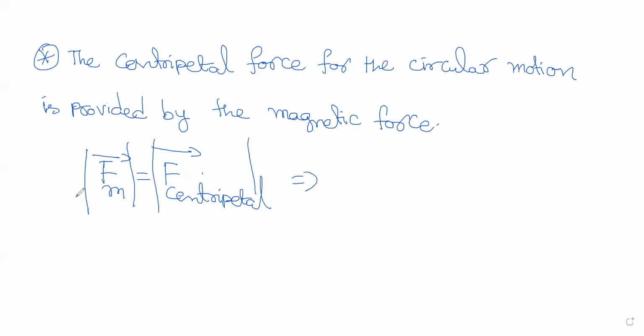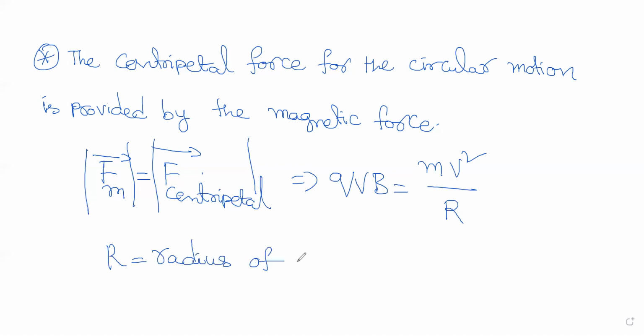So what is the magnetic force? QVB, since all are perpendicular to each other, sine 90 is 1. Centripetal force is given by mv square by r, if r is the radius of the circular path.